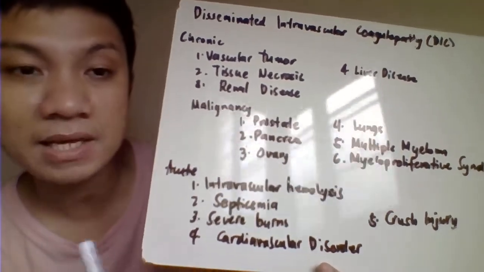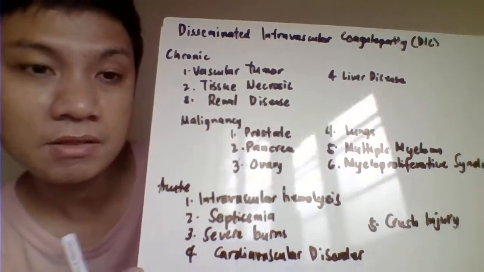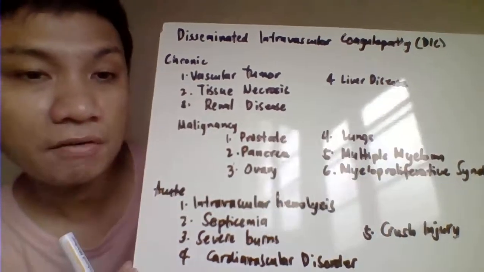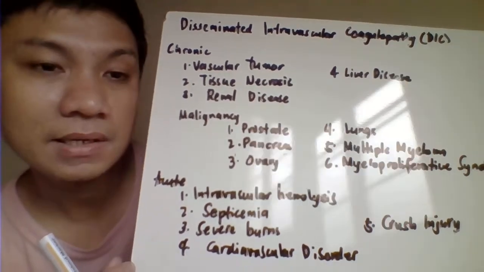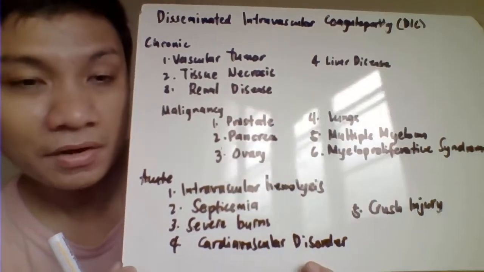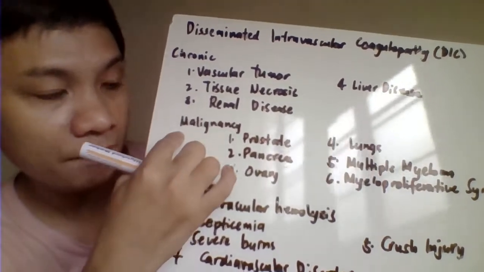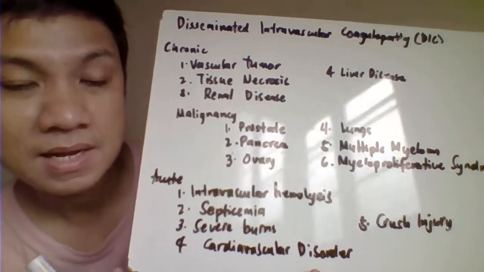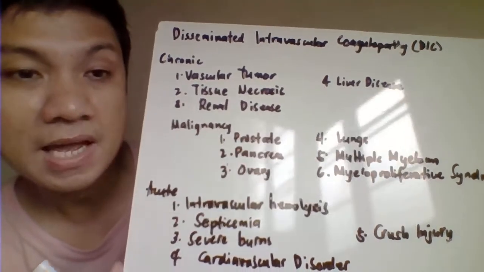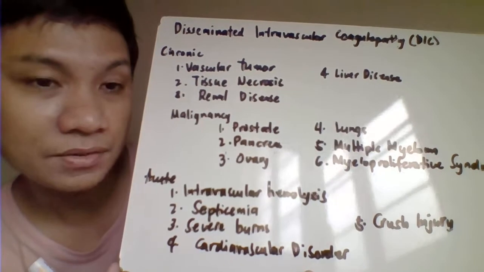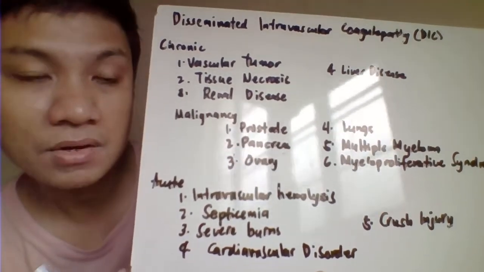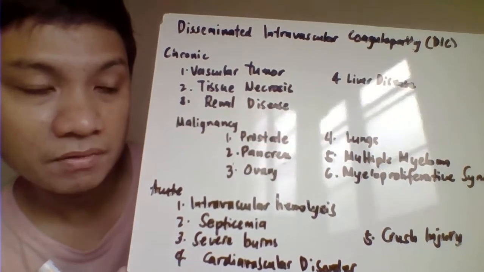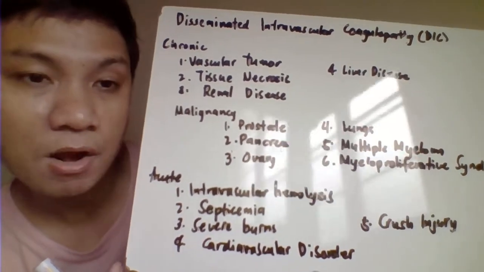So, complication lang ito. So, it might be related to your chronic DIC, related to your vascular tumor, tissue necrosis, kidney disease, liver disease, or even associated with your cancer or malignancy. Related to your cancer of the prostate, cancer of your pancreas, cancer of your ovary, then we have also your lungs, and other disorders like your myeloproliferative disorders and even your multiple myeloma.